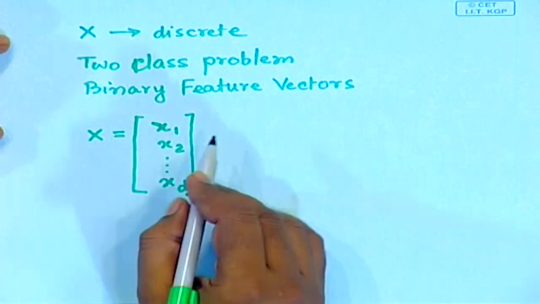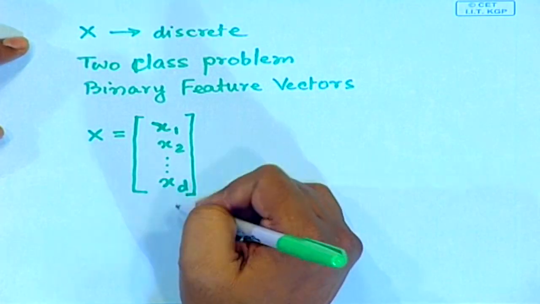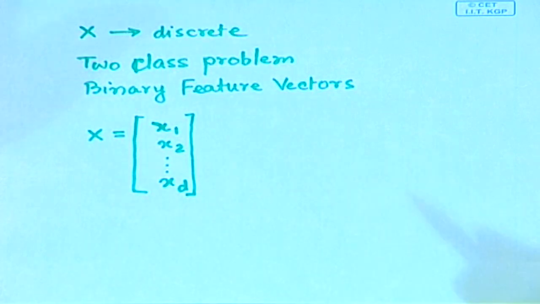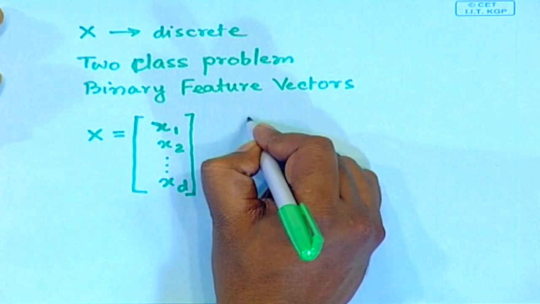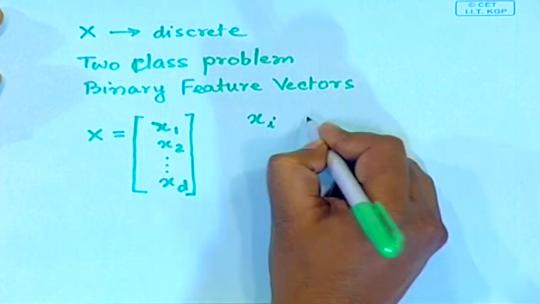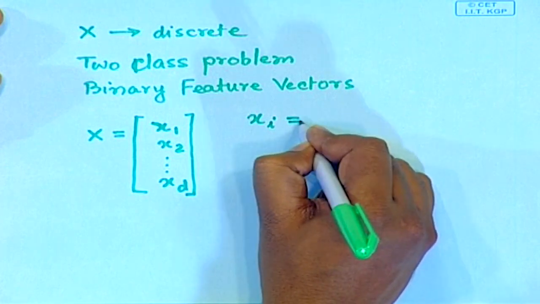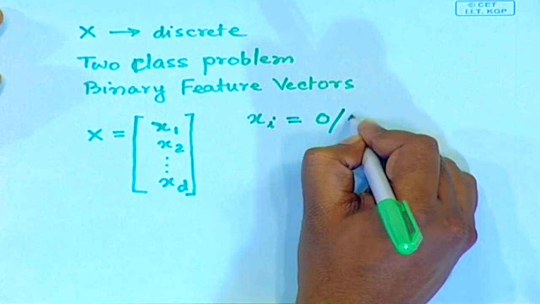So, when I have this sort of binary feature vectors, we will also assume that different components of these feature vectors are conditionally independent, to have something similar to statistical independence of different components in continuous feature vectors. Every feature value xi can have a value either 0 or 1.